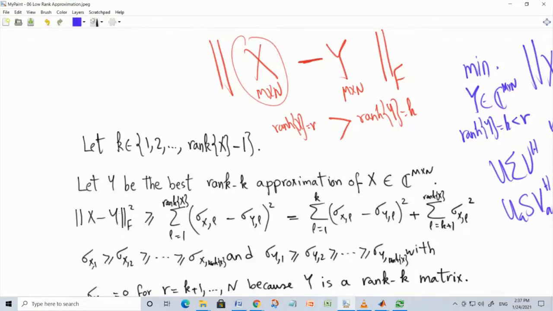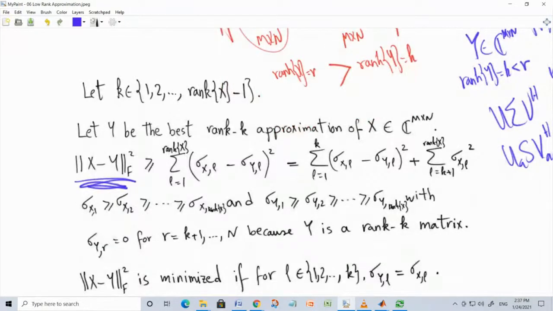I will skim quickly through the derivation. Basically, you apply the inequality from the previous slide. So we have a lower bound on the square of the Frobenius norm of X minus Y. This can be given by this summation, which involves the difference between the singular values.